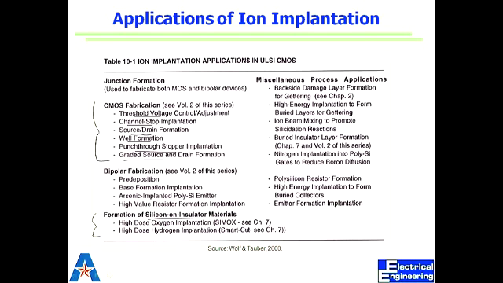So there are two types of that. One is SIMOX, another is called smart cut. Generally, SIMOX is most common, what is called selective implantation of oxide. Stands for selective implant. I think that's what it is.